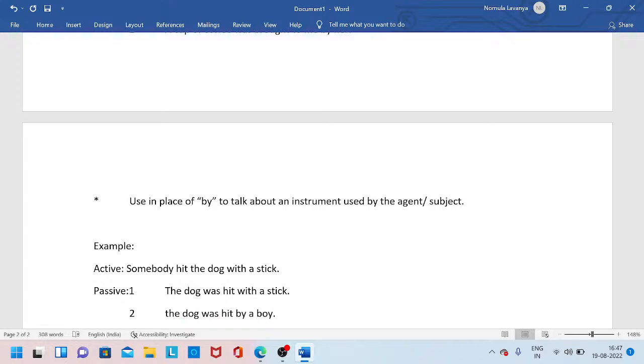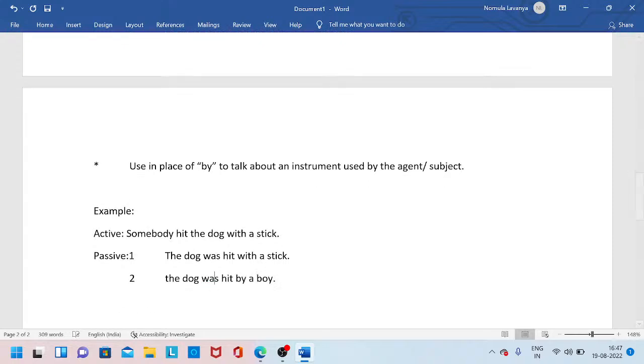See, here somebody, right? Somebody hit the dog with a stick. So in the first sentence, the dog was hit with a stick. In the second sentence, the dog was hit by somebody, or a boy, can also be written.